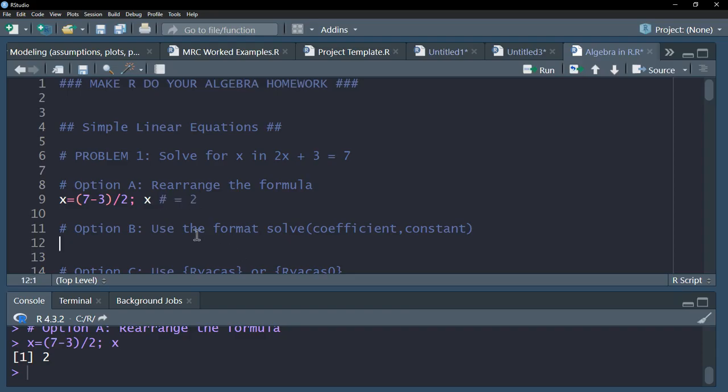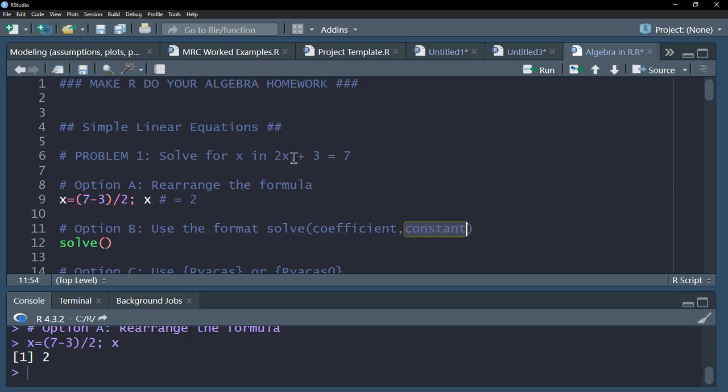We can also use this function that I mentioned earlier, which is solve. This one's pretty cool. Solve, we'll focus on, think of it as taking 2 arguments. The first argument is your coefficients, or coefficient if there's only one. The second argument is your constant part.